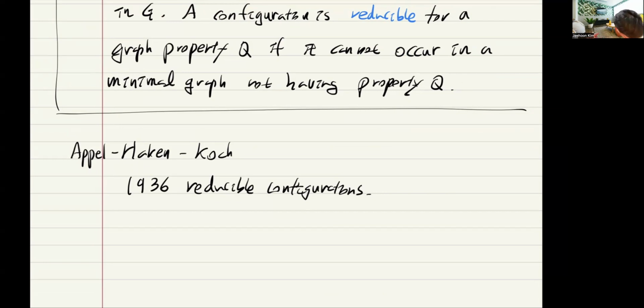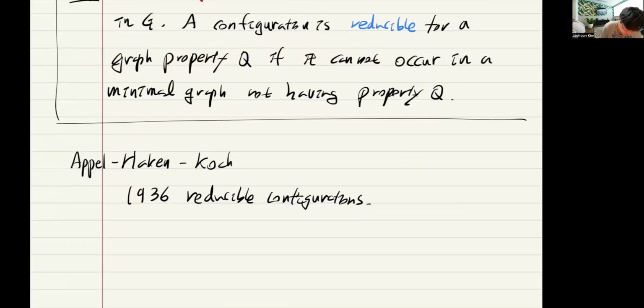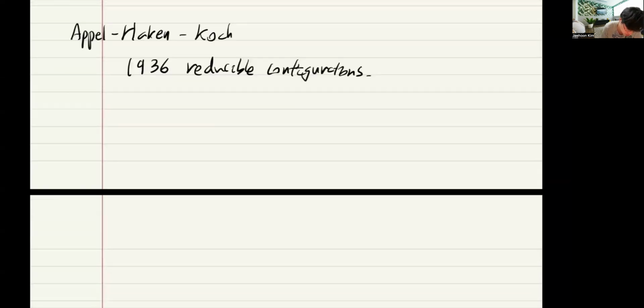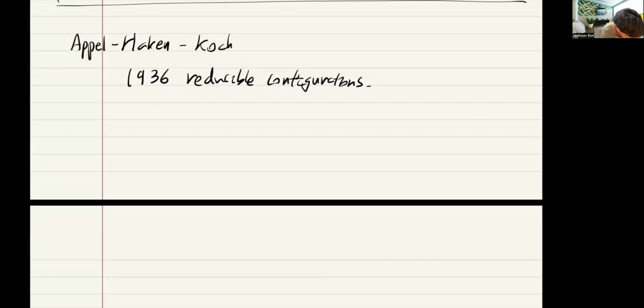And then they show that one of them must exist in the planar graph. Your supposed counterexample of the four color theorem must contain one of them.